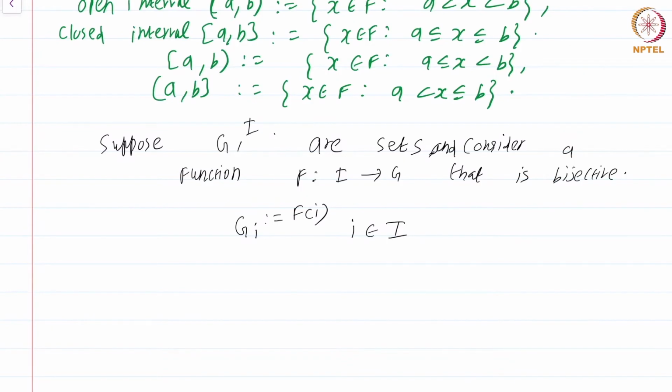So essentially I have parameterized the elements of G by this set I. This set I is called the indexing set. So the elements of the set G, which are themselves sets, if you recall our module on axiomatic set theory, can be parameterized by the set I.